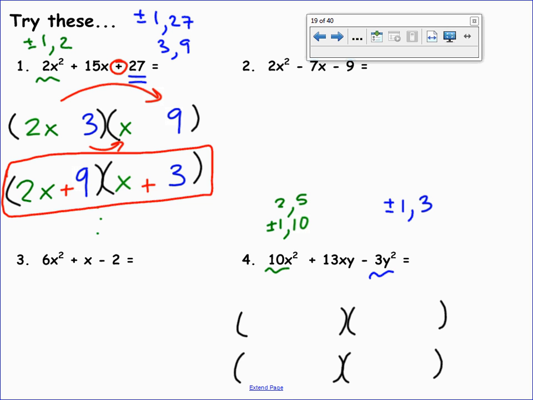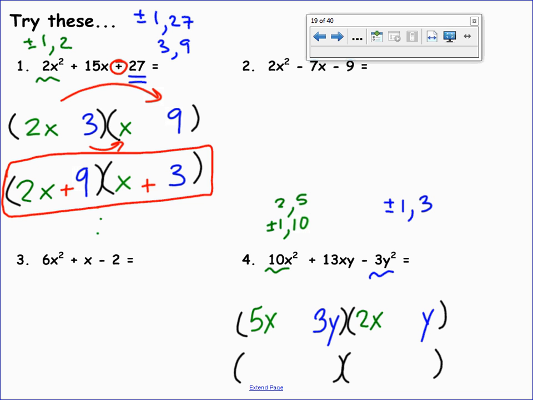And so let's go ahead and consider some potential placements, like 5x and 2x and 3y and 1y. Let's go ahead and consider this placement.